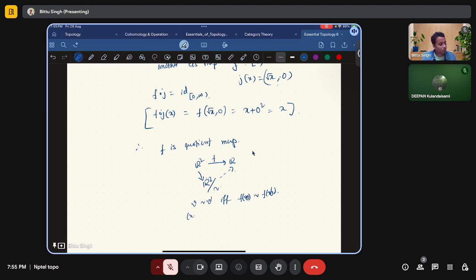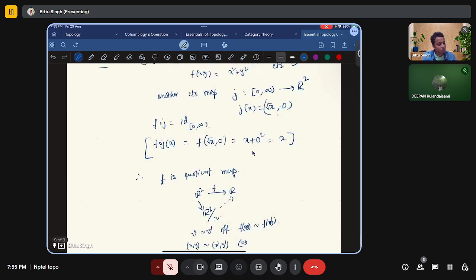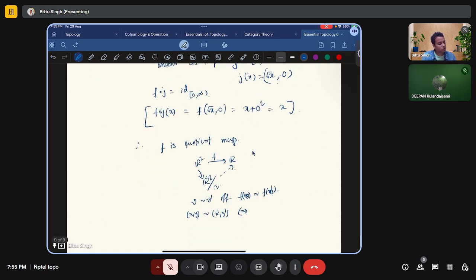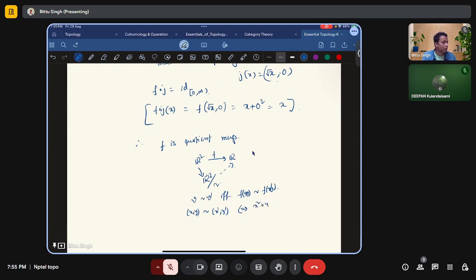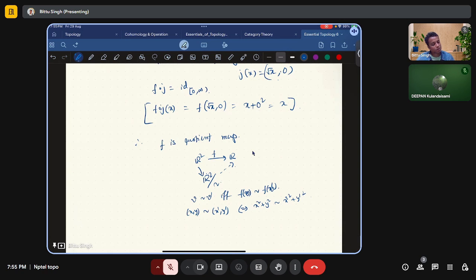That is saying (x, y) and (x dash, y dash) are related if and only if f of (x, y), which is x square plus y square, is related to x dash square plus y dash square. This is by property of quotient map, right? F is a quotient map, therefore there exists a factorization like this.